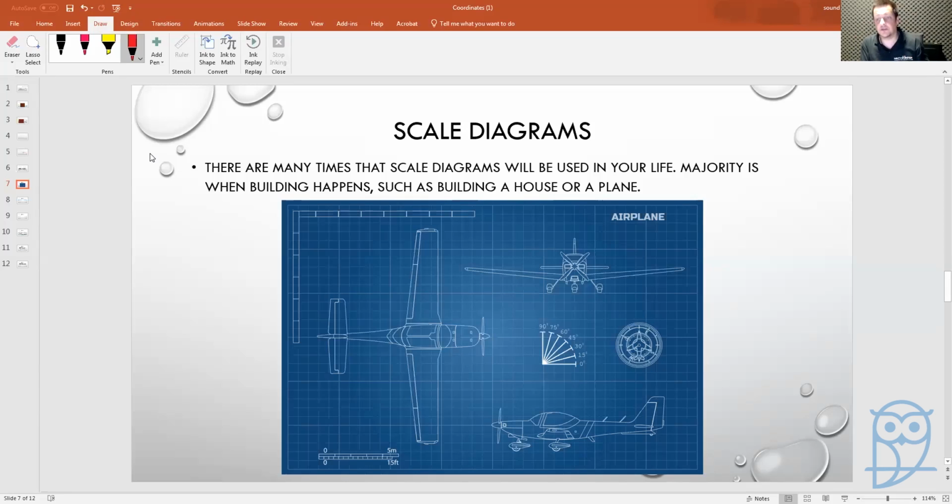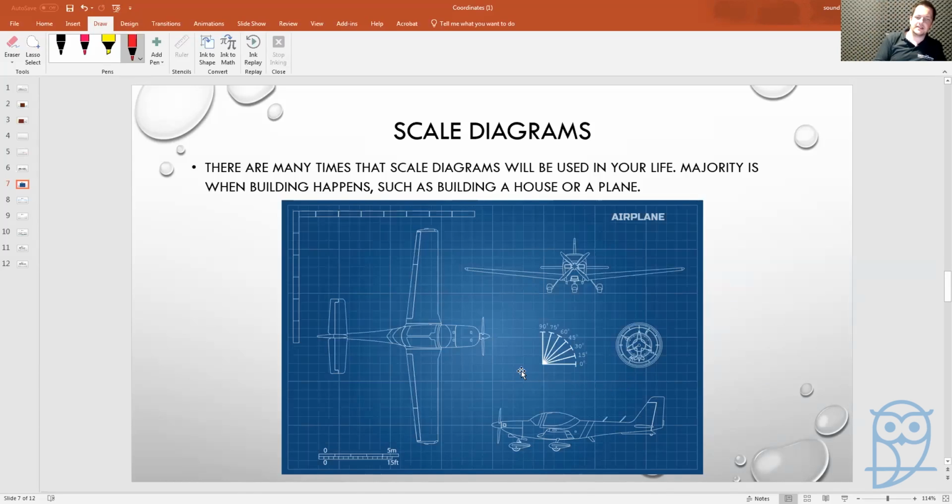Maybe an A3 page even. So how are we able to draw exactly what an airplane should look like, all of its specifications and parts, on a reasonable size page? Well, that's where your scale comes in.